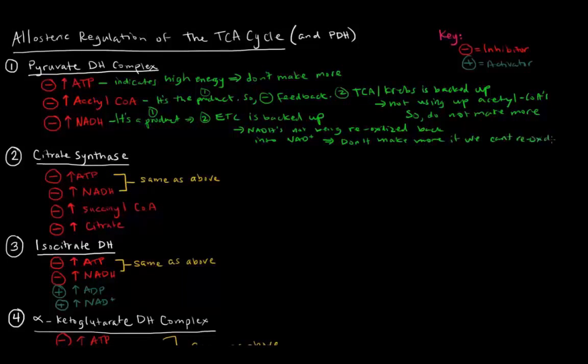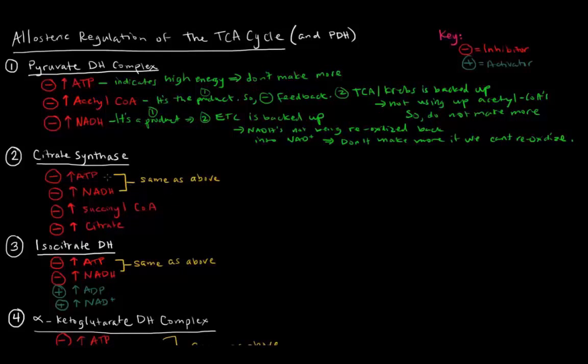Okay, so that's it for pyruvate dehydrogenase. Now, what about citrate synthase? We'll notice that the first two allosteric inhibitors are just high ATP and high NADH. The reason they're allosteric effectors is the same idea as above, so I don't want to write that over again.